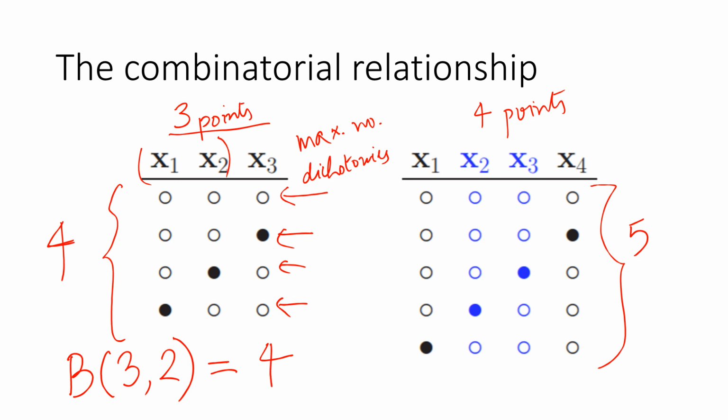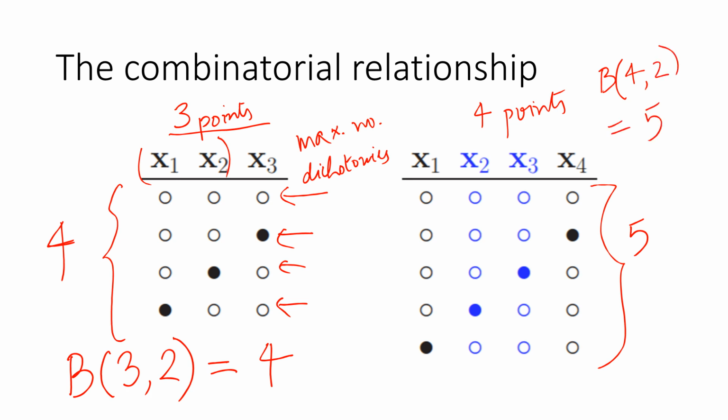So this is what we are trying to denote, right? Similar to that, here on the right hand side, B, and then the number of points is 4. The number of points that are not shattered is the pair of points, so that means again 2 equals 5.